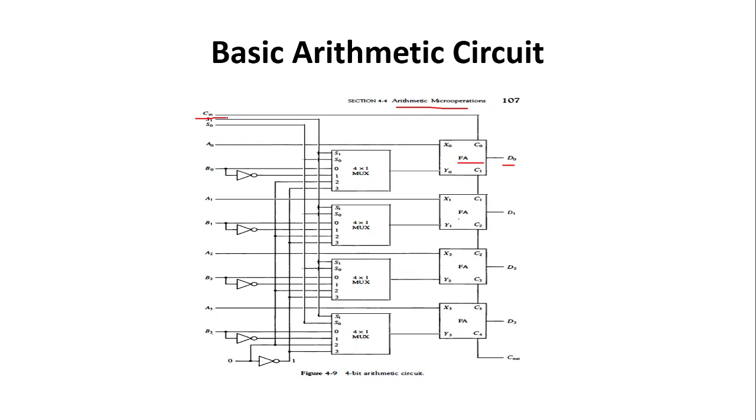There is also a carry in. There are also the selection lines S1 and S0. Based on these selection lines, the input is selected. There are also the inputs A and B, and A0 is given to multiplexer 0 to the line 0, A1 is given to the line 1, and so on.